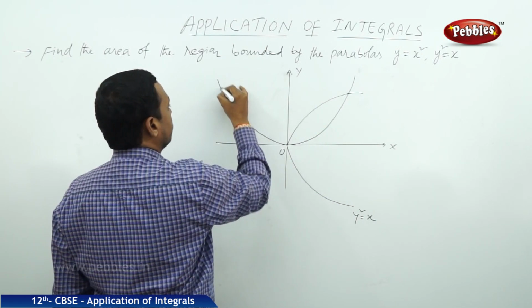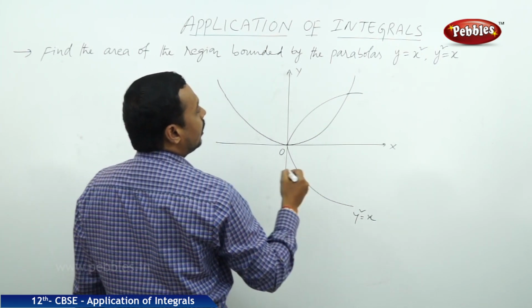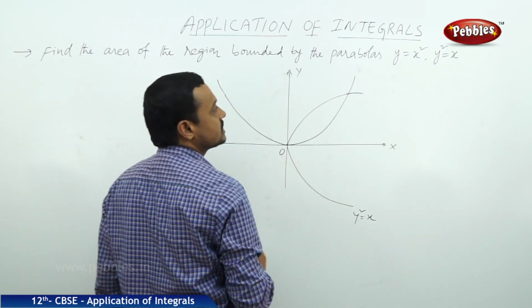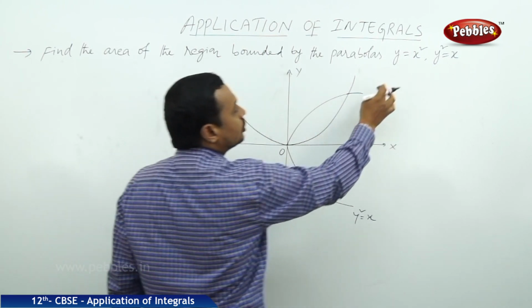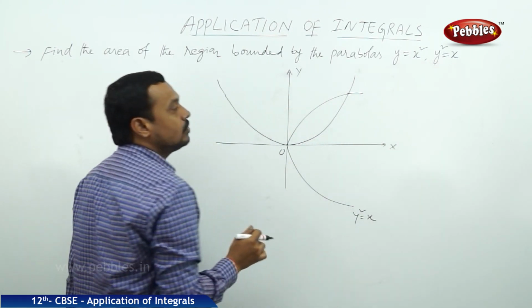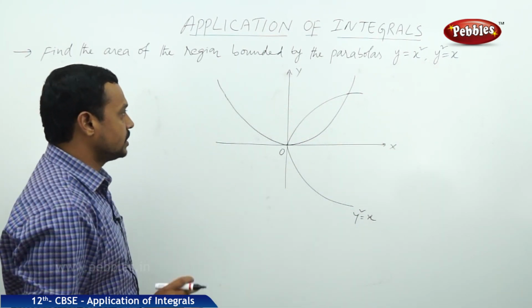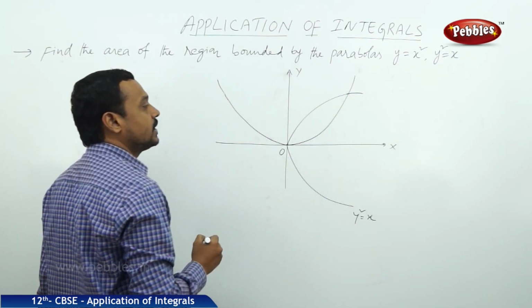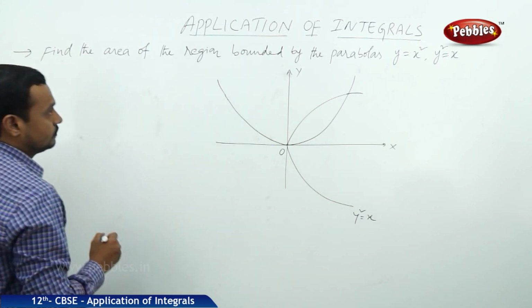Like this. Now these two curves intersect at one point, the origin, because these two parabolas have the same vertex, which is at the origin. Now we have to find the other point of intersection of the two curves.